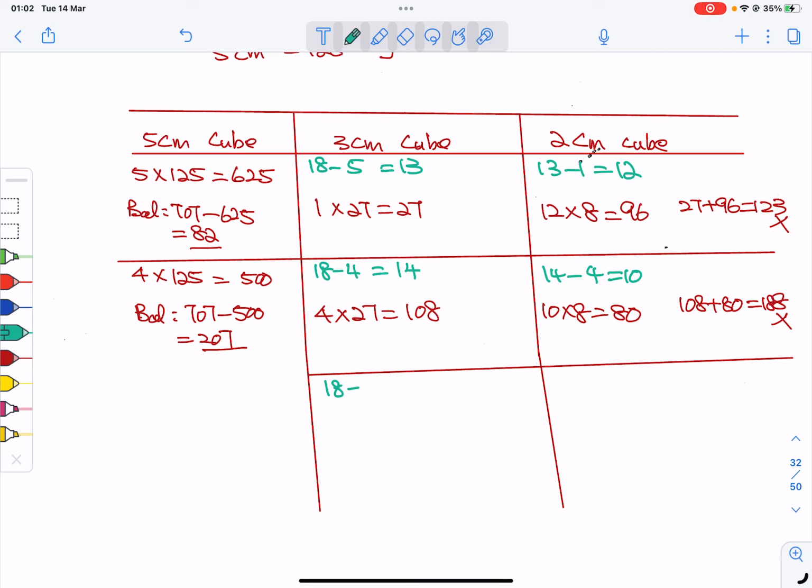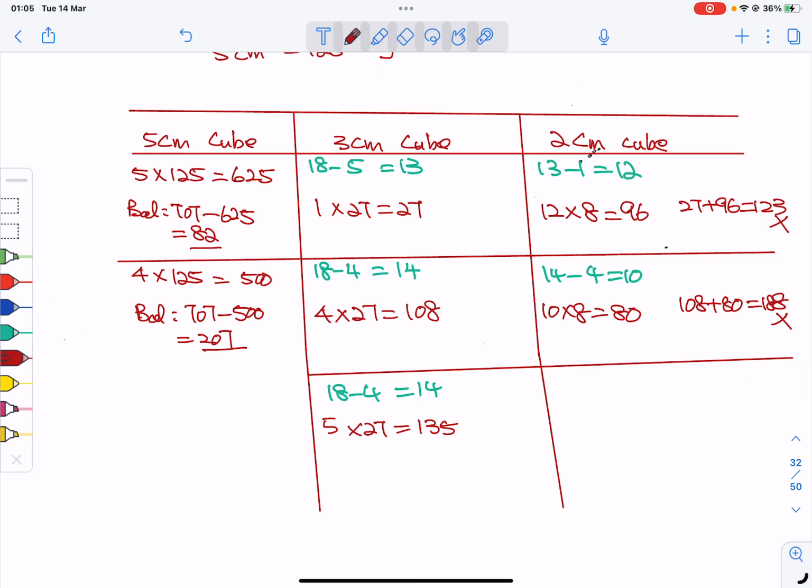So I increase this and say that I will have 5 pieces of 3 cm cube.